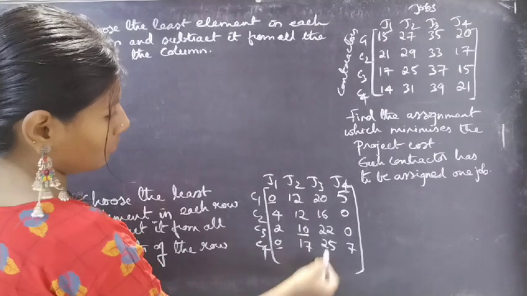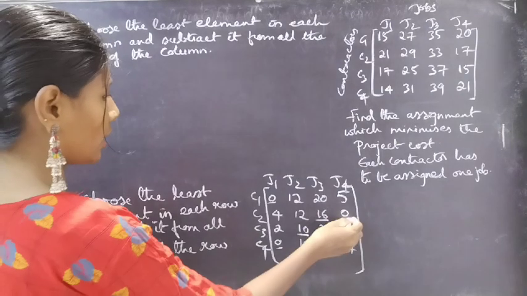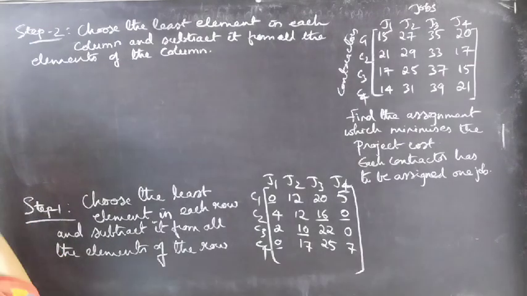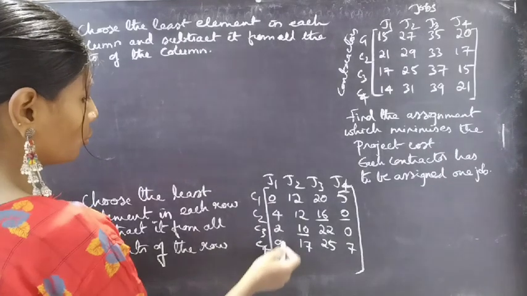In the third column, 16 is the least element, and in the last column, 0 is the least element. If 0 is the least element, you'll get the same entries in that column when you subtract the least number from all the entries of that column. Okay, so let's see. In the first column, we have 0, 4, 2, 0, right?